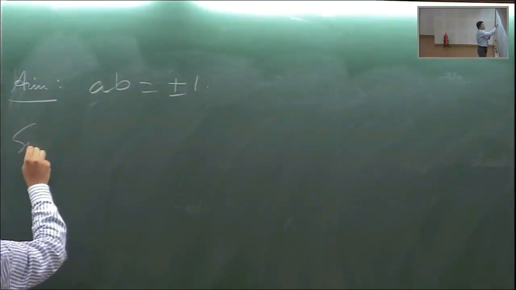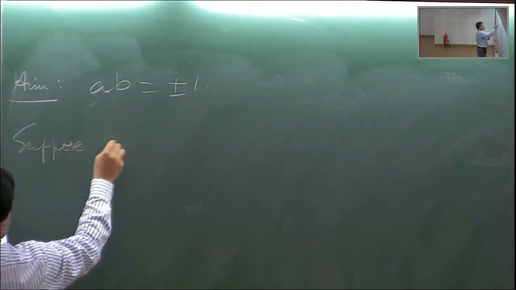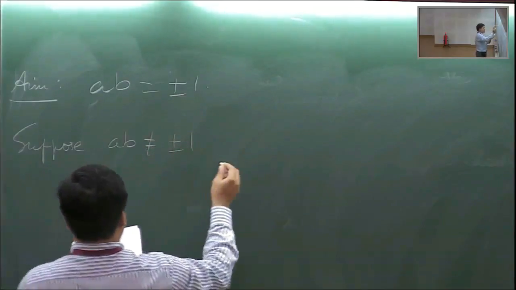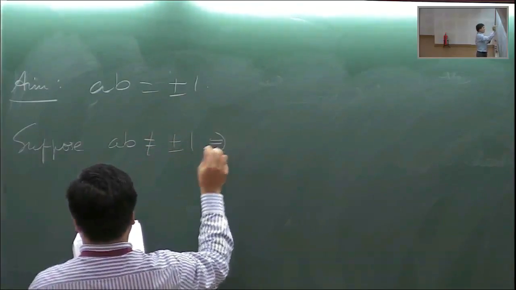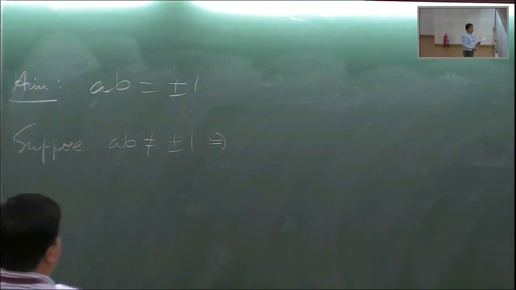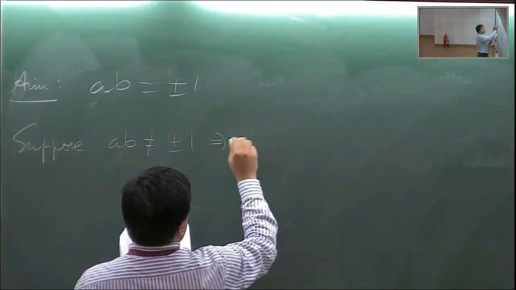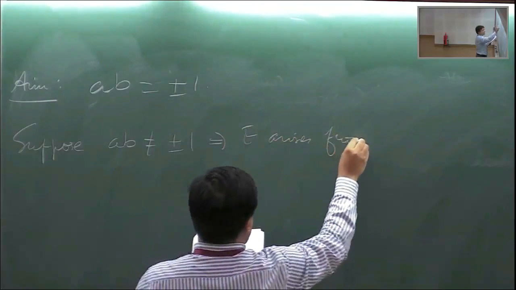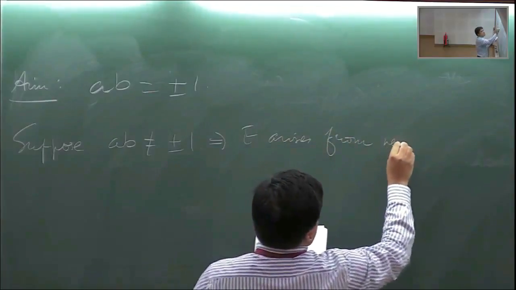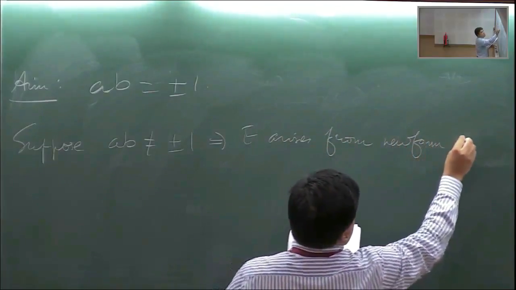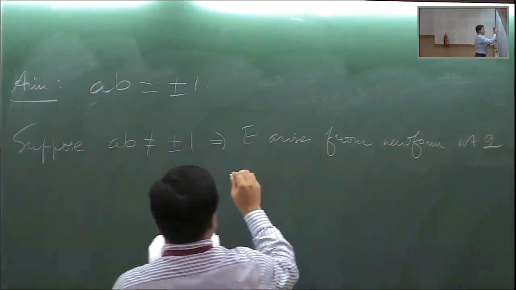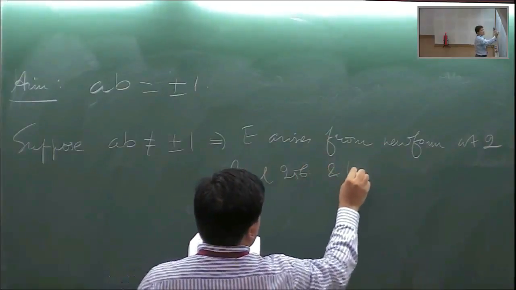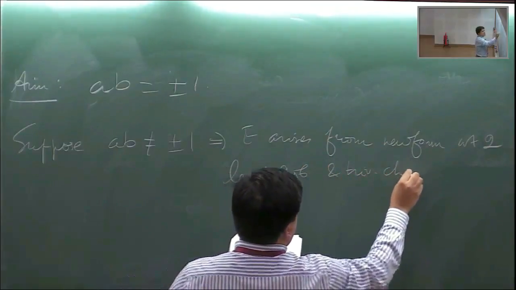Just suppose AB is not equal to plus minus 1, then this implies that E arises from a new form of weight 2 level 256 and trivial character.